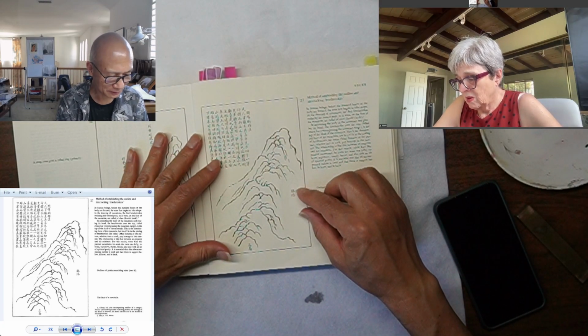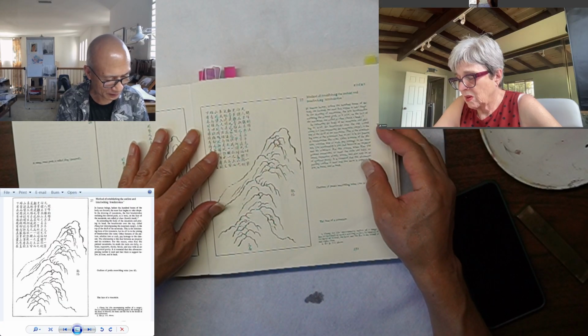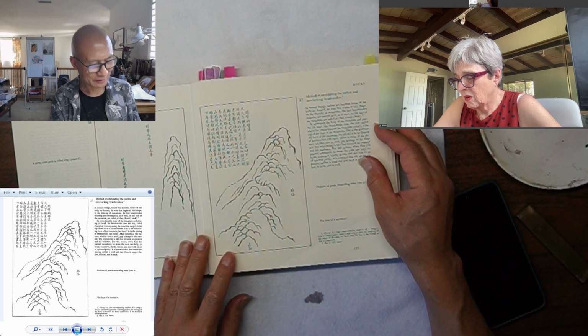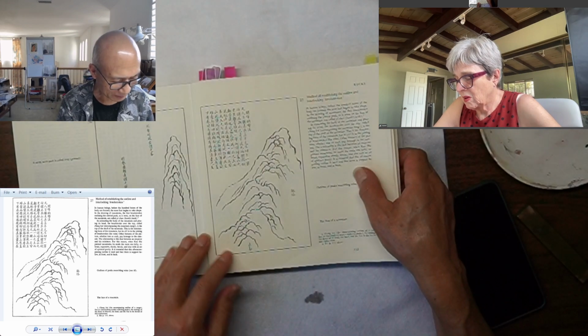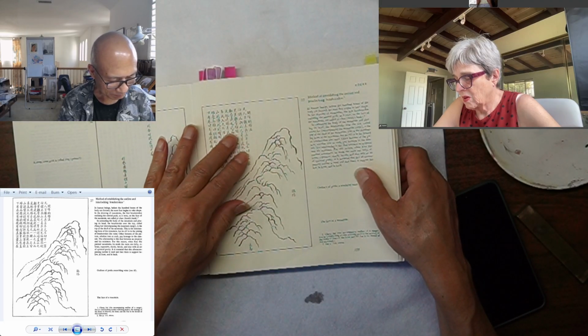Skeletons means there's no modeling strokes, no surface texture strokes, only the conceptual drawing. What do we call this skeleton?